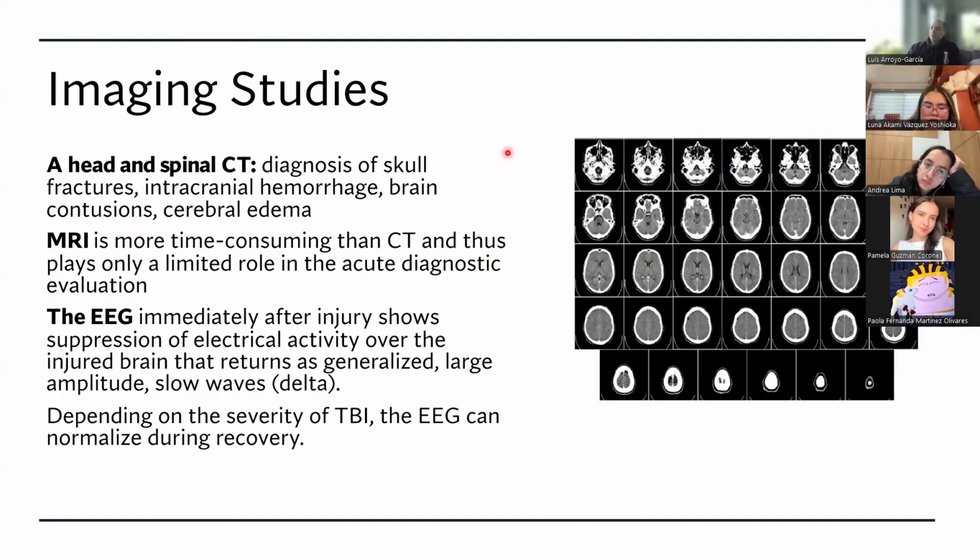MRI is not always that easy to use for diagnostics, and the EEG we need to do quite fast, just to see if there is epilepsy, or a generalized slowing of the brain.